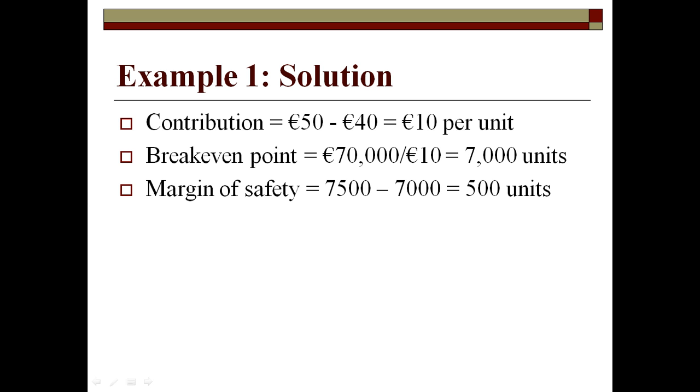Contribution: 50 minus 40 is 10 per unit. Break-even point: 70,000 divided by the contribution of 10 is equal to 7,000 units. Margin of safety: 7,500 minus 7,000 equals 500 units.